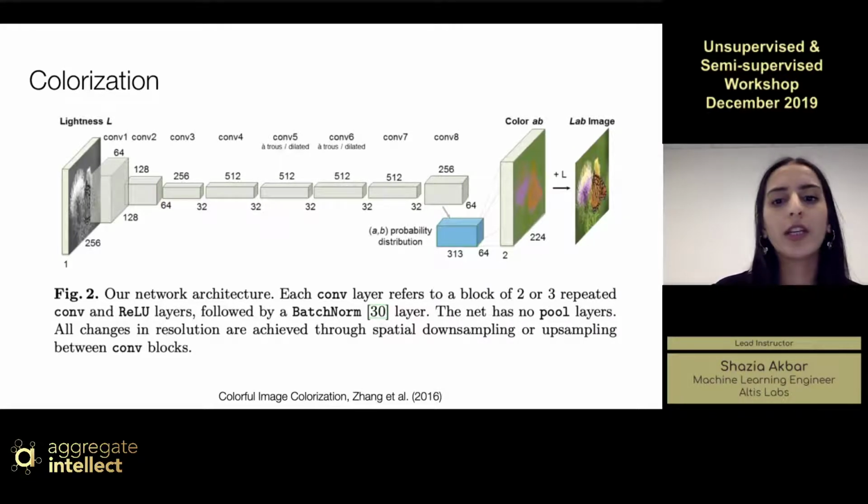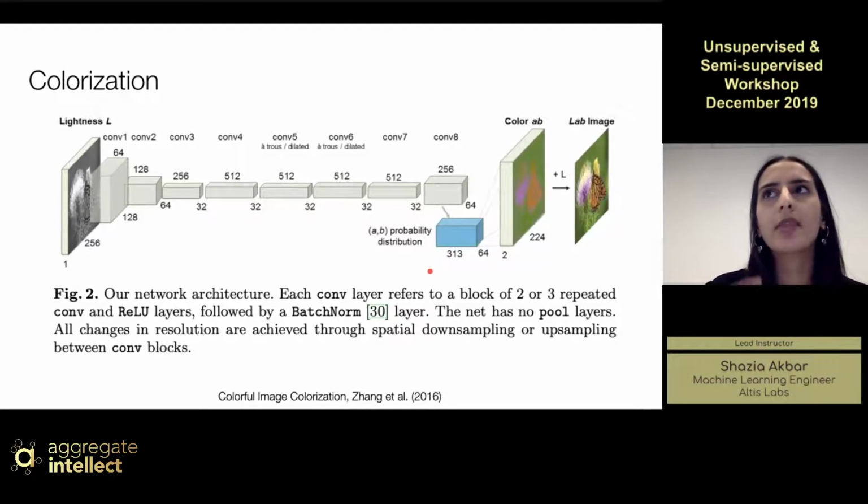What's really interesting about this framework, and I found quite fascinating, was that within the loss function, they actually quantize the color space of the A and B channels. So you have a series of bins, and the job of the loss function is also to weight these different bins, so that the colors that are used most commonly have a lower weight than the colors that are used less commonly, which have a higher weight.